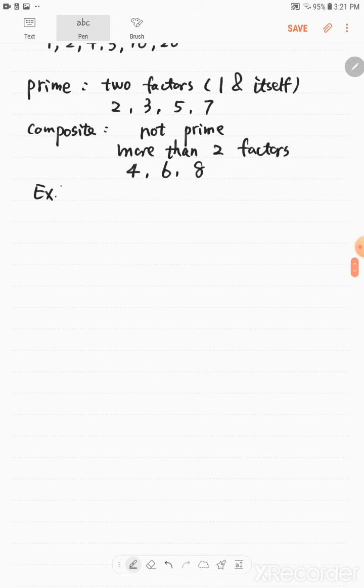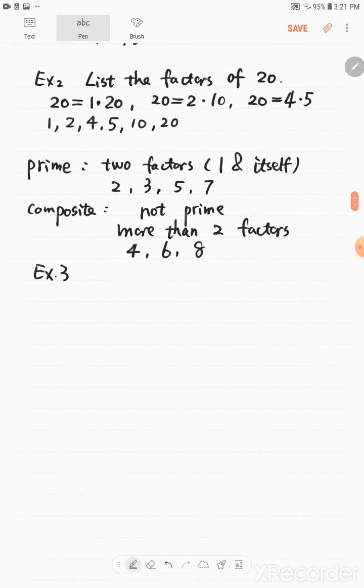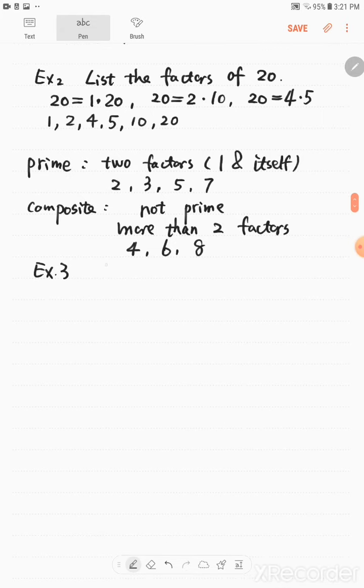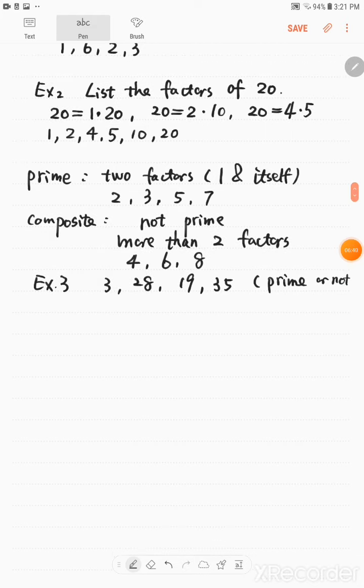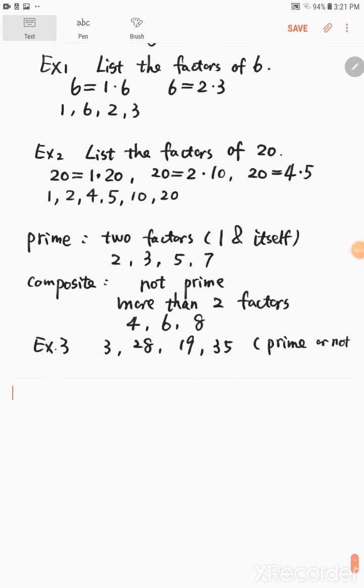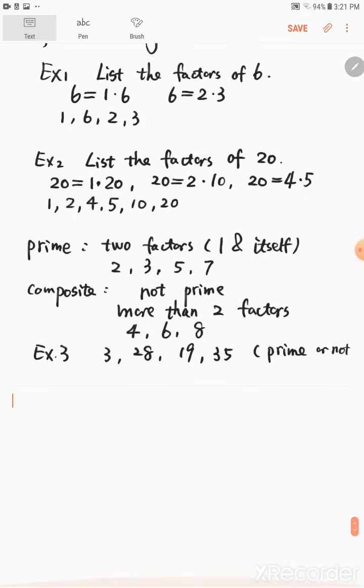Let's go back, check example 3. We try to identify some numbers, to check a group of numbers, to check whether each number is a prime number or composite number. Prime or not prime. Okay, let's check 3.